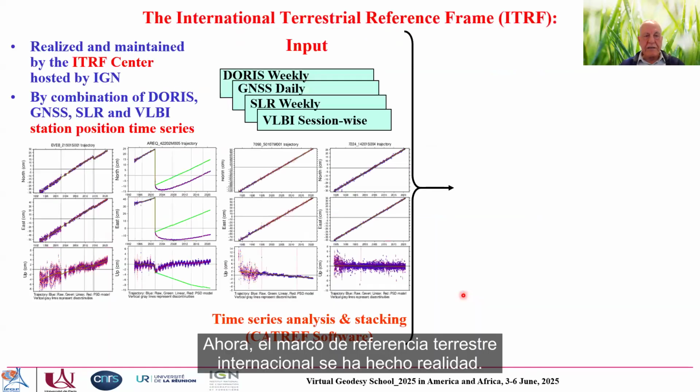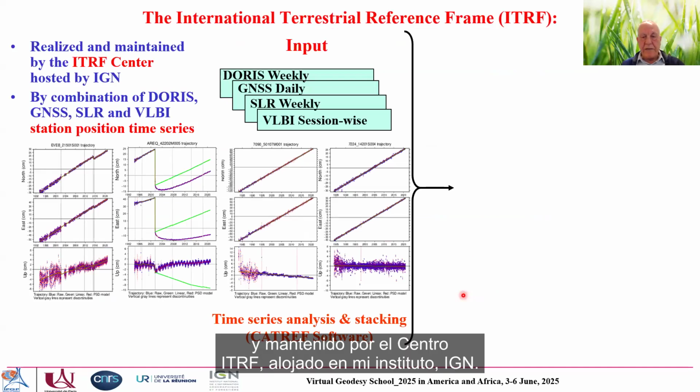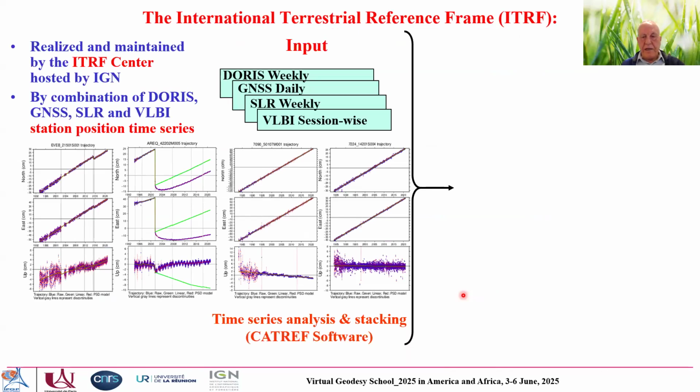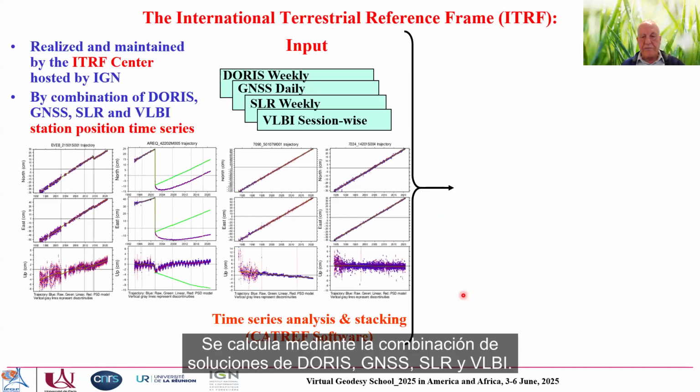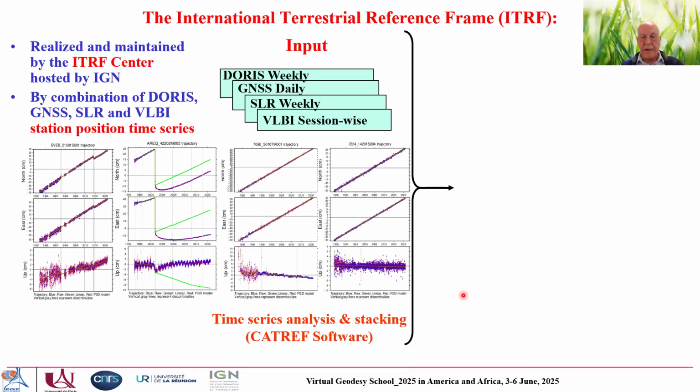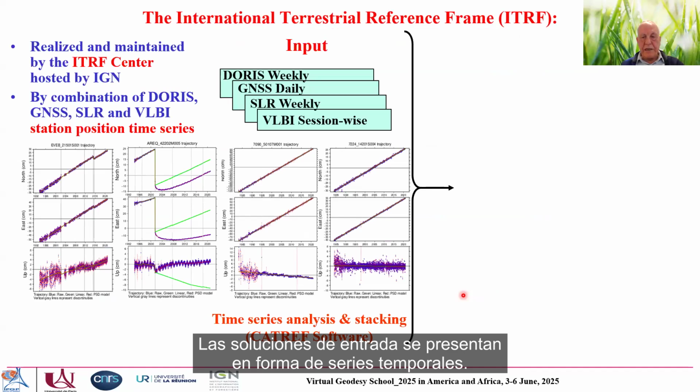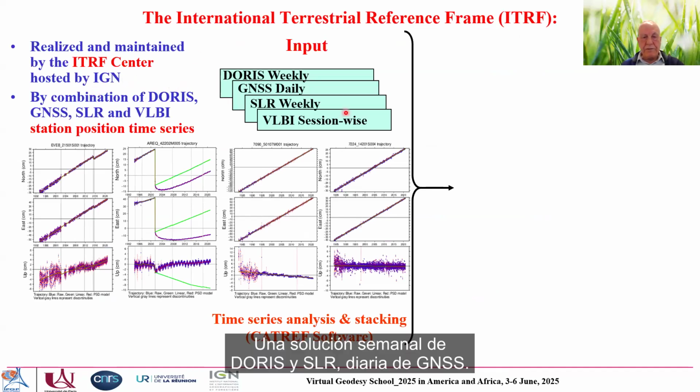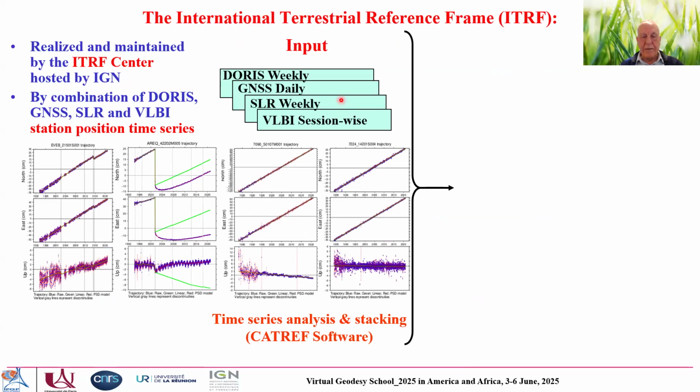Now, the International Terrestrial Reference Frame is realized and maintained by the ITRF Center, hosted by my institute, IGN. It is computed by combination of solutions from DORIS, GNSS, SLR, and VLBI. The input solutions are in the form of time series: weekly solutions from DORIS and SLR, daily from GNSS, and session-wise from VLBI.